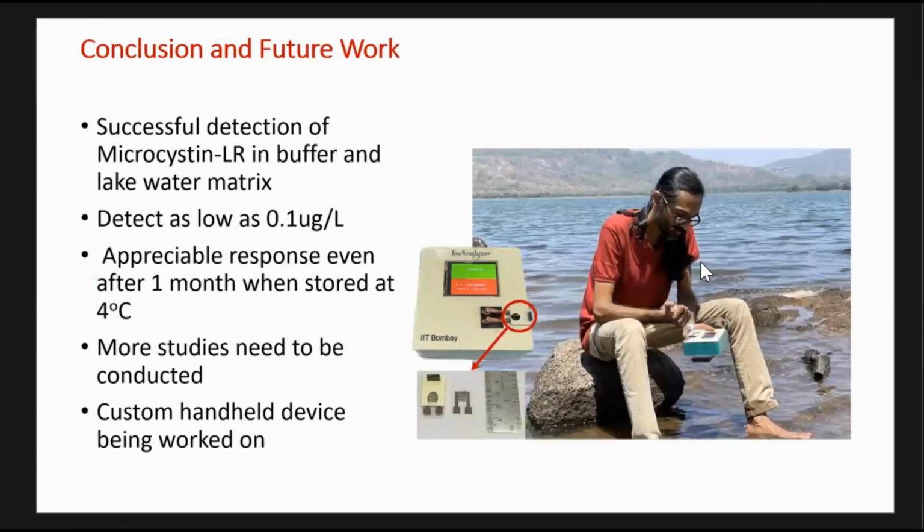So the main preliminary target: in the lake water matrix, we can detect as low as 0.1 microgram, that is 0.1 ppb. One month we can store if we can manage 4 degrees.